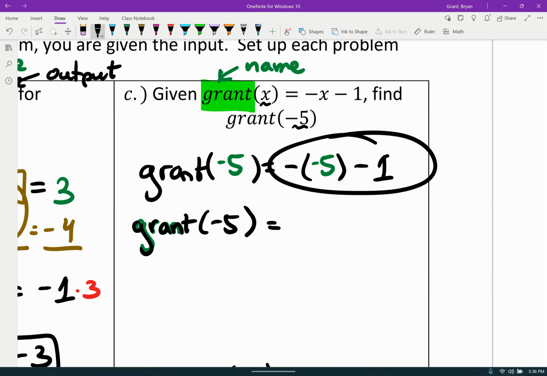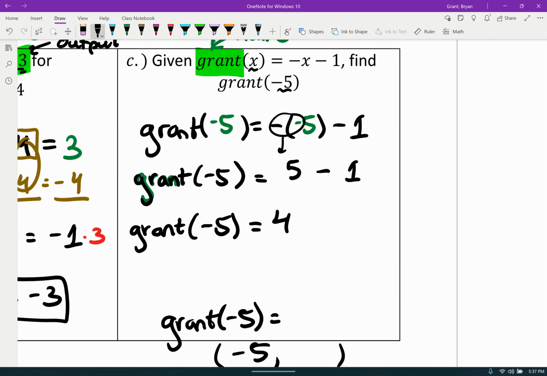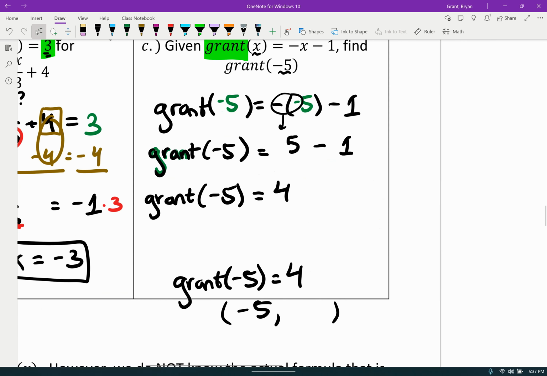And you could use a calculator, but I think the math is not too terrible, right? We have two negatives, which we know become a positive, which we don't actually have to write. And then we just bring down the -1. Okay? And we have 5 minus 1, which is 4. So in this case, grant of -5 is 4. Or another way to think about that is this is the point -5, 4.